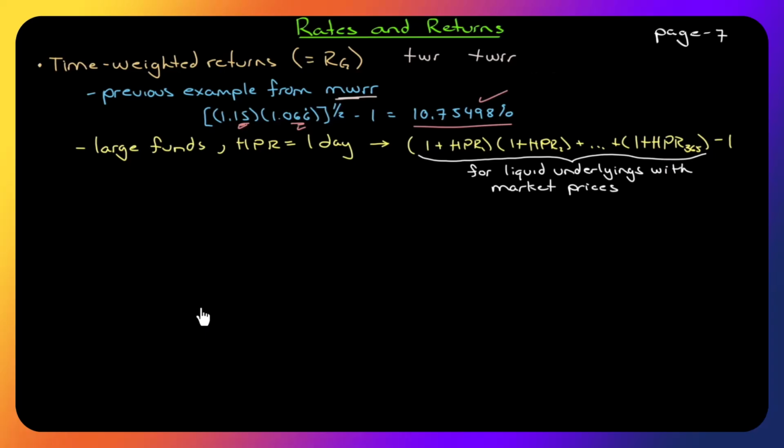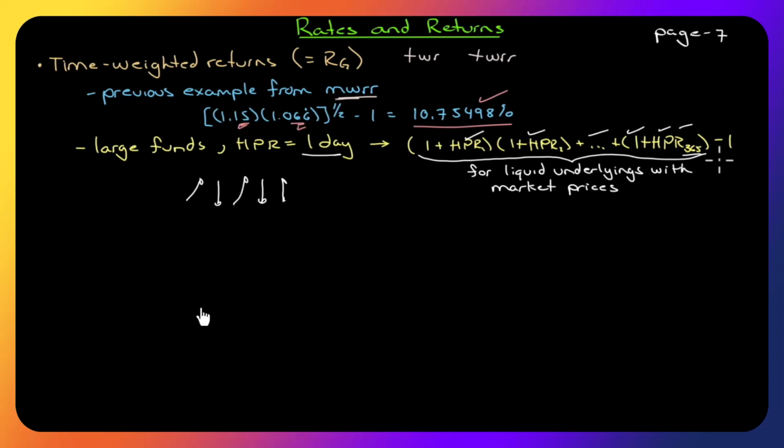For very large funds, they have money coming in and going out every day. So what they'll do is they'll calculate a holding period return each and every day, and then they'll simply chain them all together. Now, I put 365 in here because we have to account for the fact that, well, what if they have digital assets? Digital assets trade on the weekend.